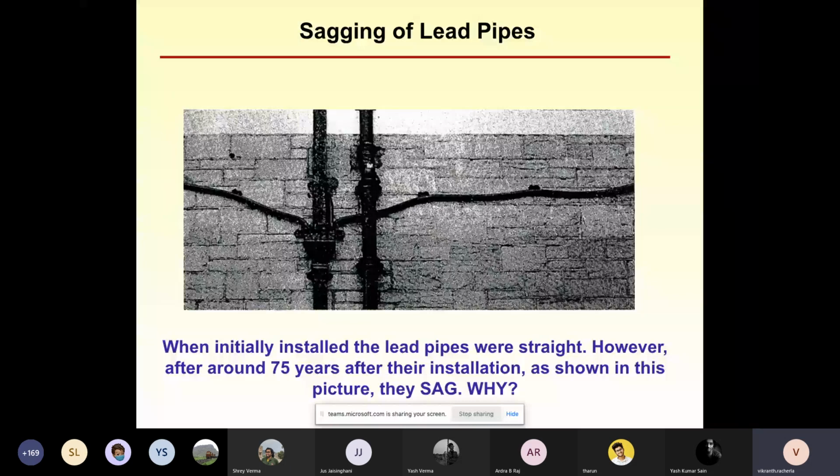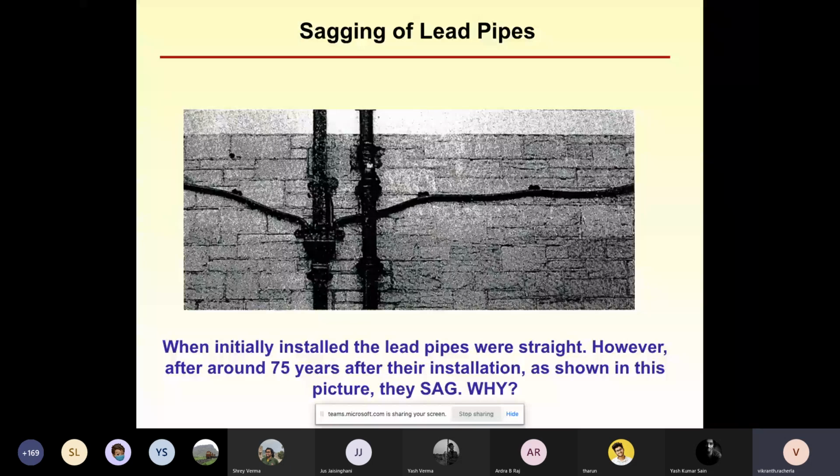What is that ratio? It is 0.5. I told you that creep starts to appear at about 0.35 times the melting point in Kelvin. So it is way higher than 0.35.